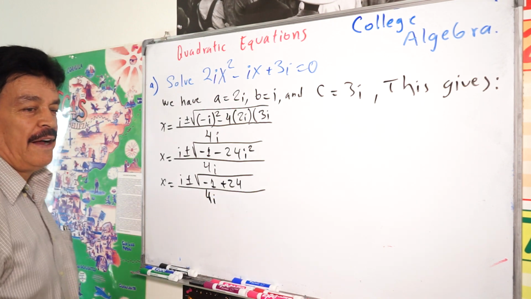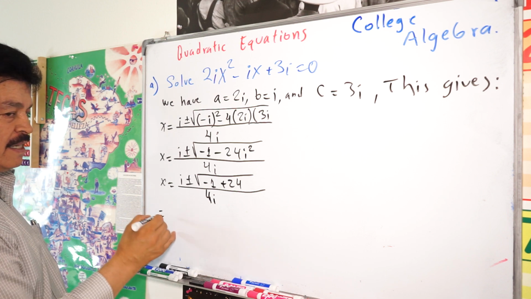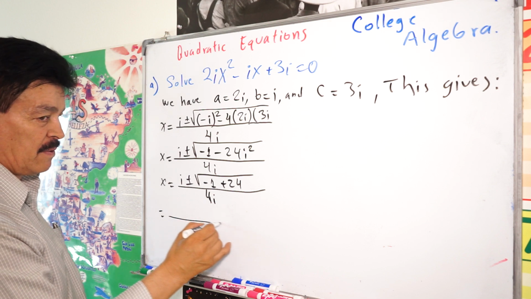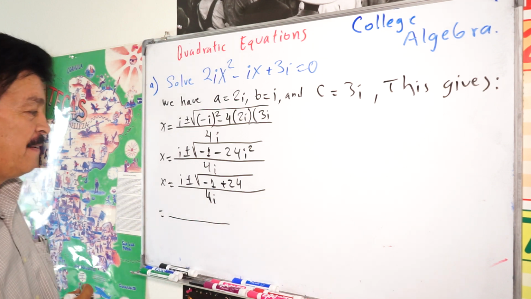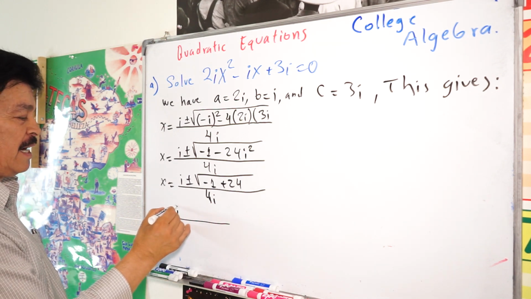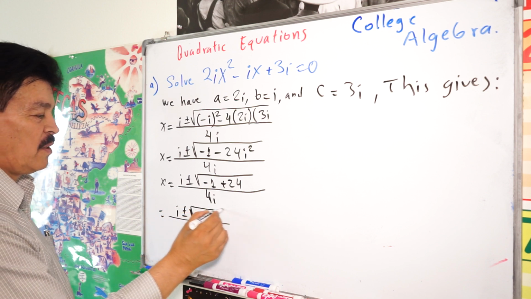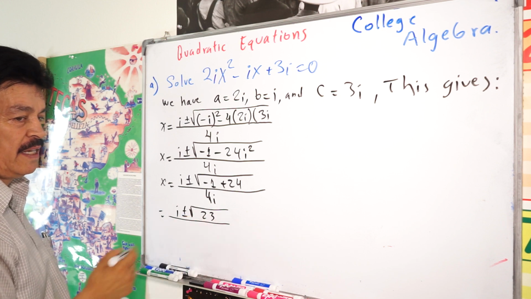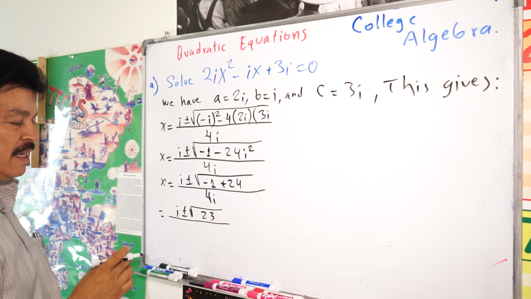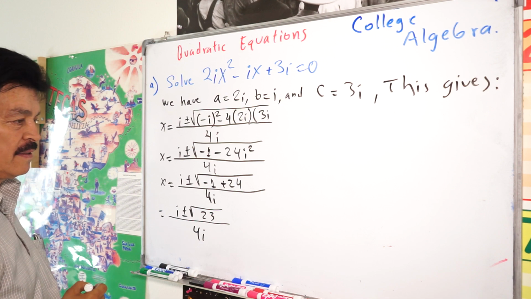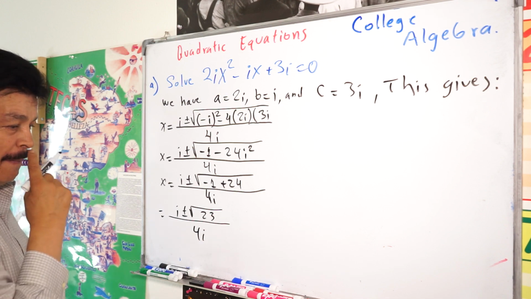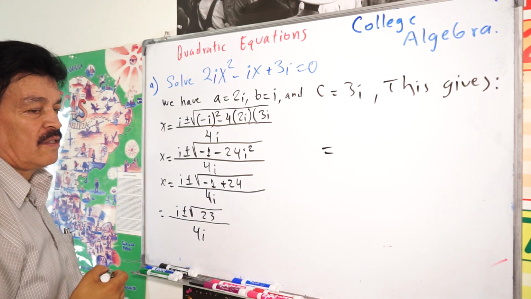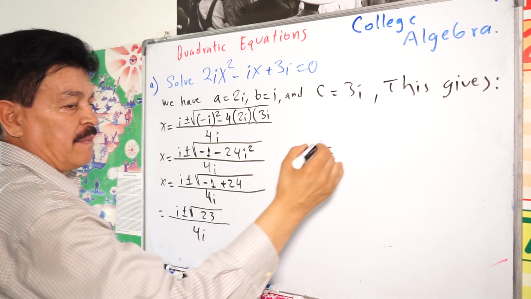Okay, next step. So i plus minus square root here, -1 plus 24 is 23 right here, divided by 4i. Continue here.